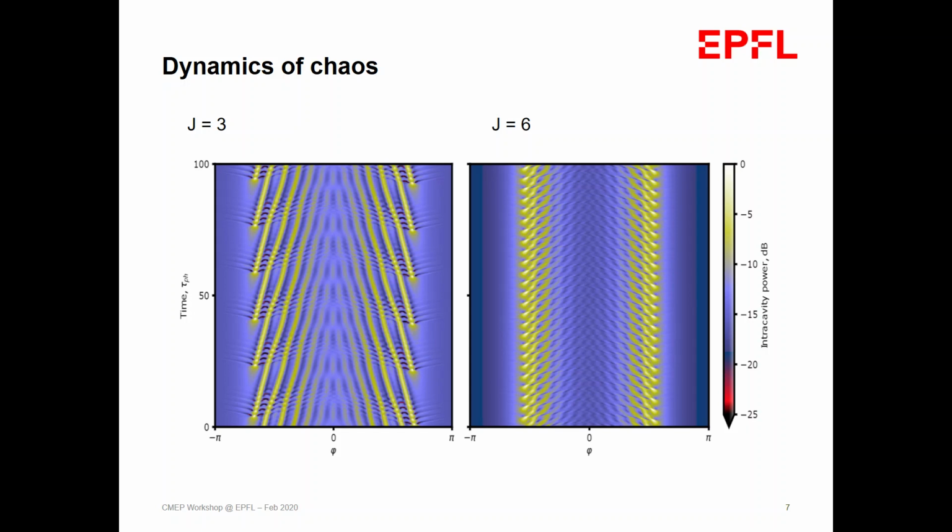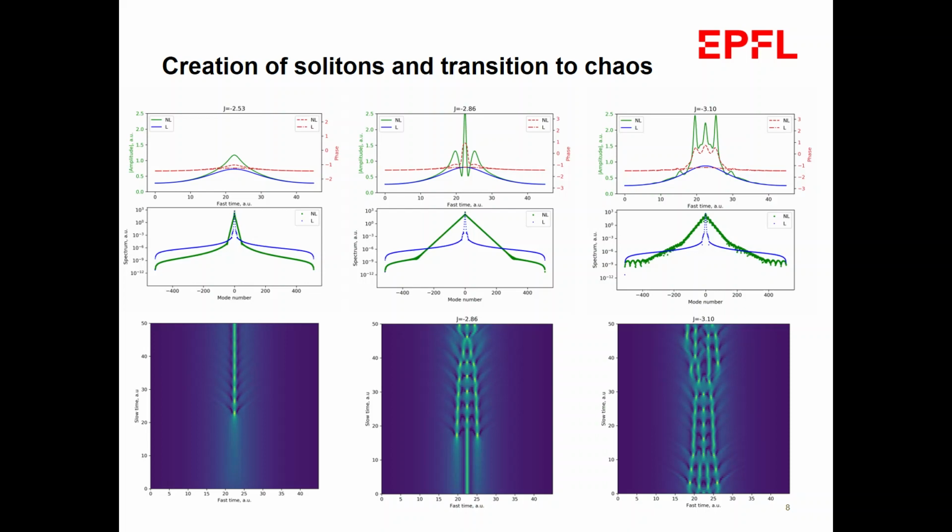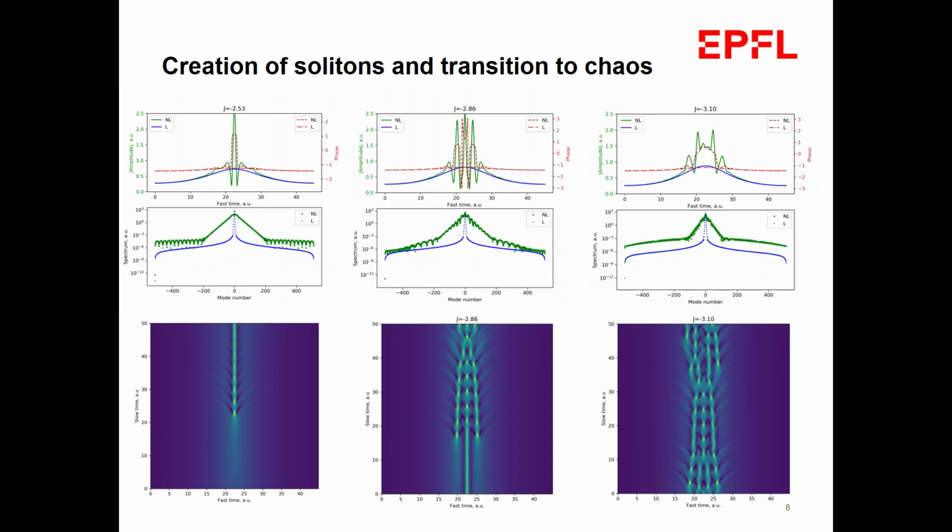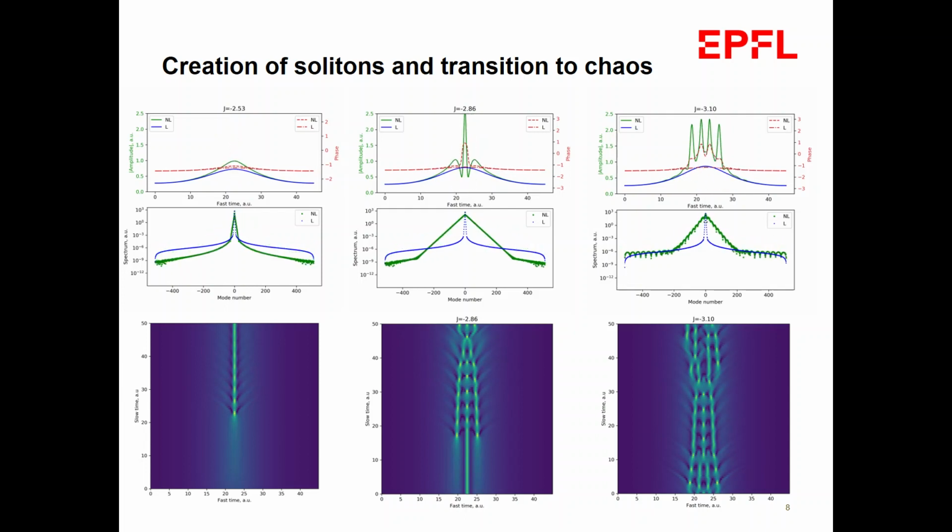But imagine if you just put the parameters of your system at one point, and you just increase the voltage on your phase modulator. It appears that you can actually create a soliton at a given position, and you can see how it happens.